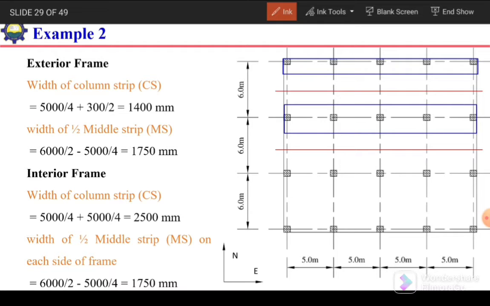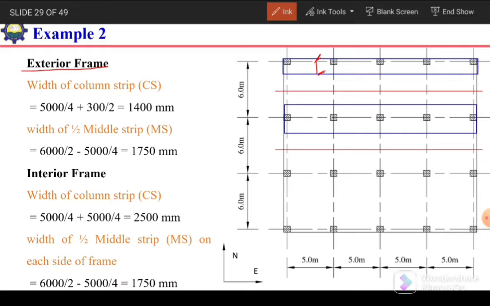Okay, next is the width of column strip. The width of column strip in case of the exterior frame will be from the edge of slab up to this blue lined area. This is the width of column strip.